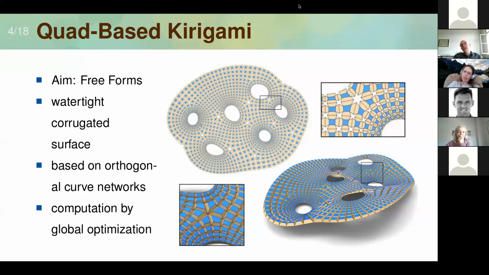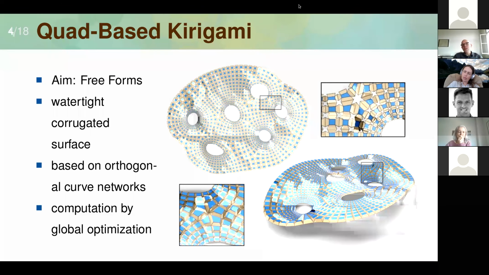So you could also say that it is based on mappings between surfaces. But in contrast to the EPFL group's work, it is not based on conformal mappings, but it is based on general mappings between surfaces. The computation is done by global optimization.